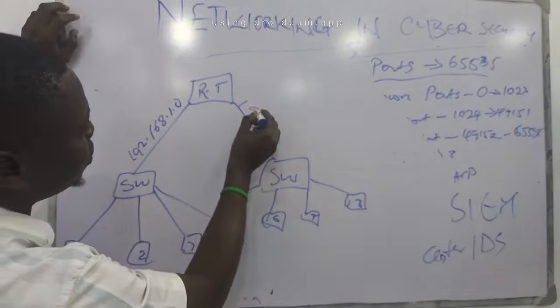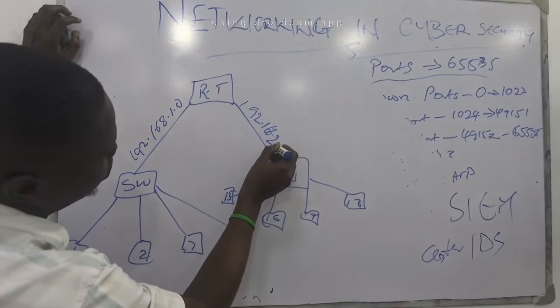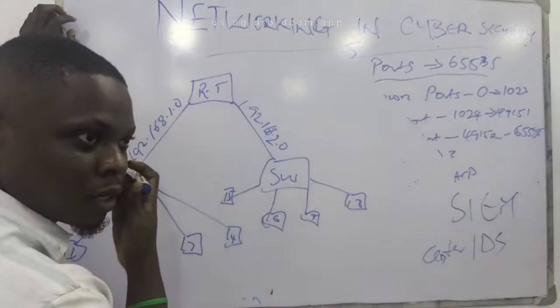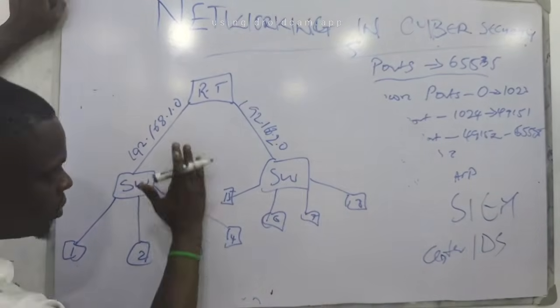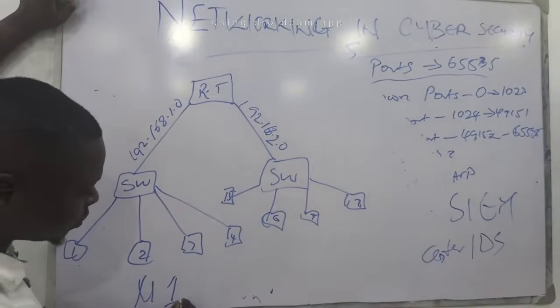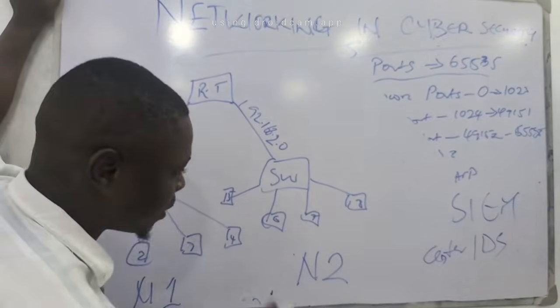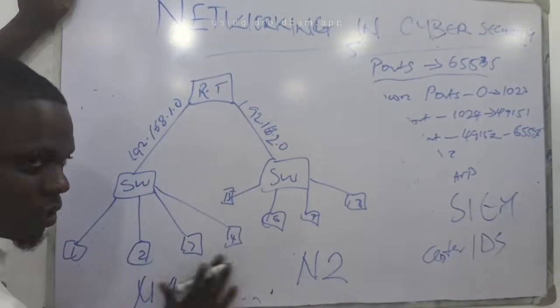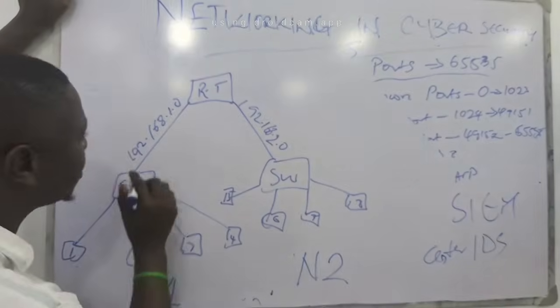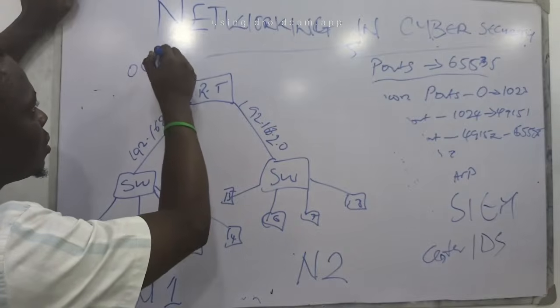Here is 192.168.2.0. Right? Let me say this is network 1, N1, and N2. Every device on this first network will have these same first three numbers. These numbers are called octets.